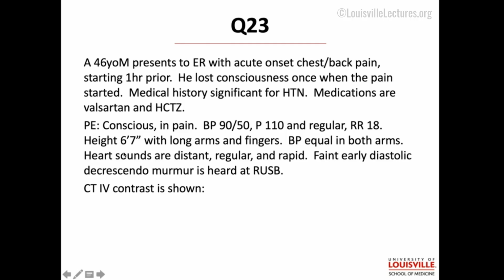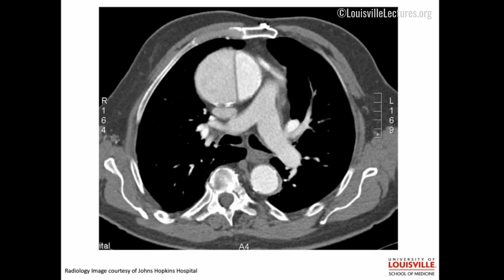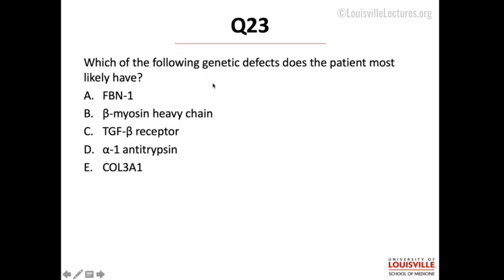I've given you some nice physical exam findings to suggest Marfan's. Okay, blood pressure equal in both arms. It does not deter you from the diagnosis of dissection. That's a very low sensitivity test. The CT scan, you should be able to recognize the dissection flap, the true lumen and the false lumen. And this is a patient with Marfan's, and their genetic mutation is fibrillin 1. Very fair question to know for the boards.